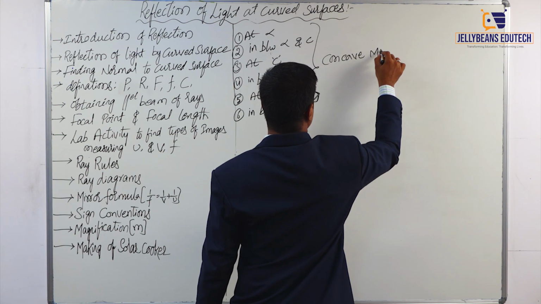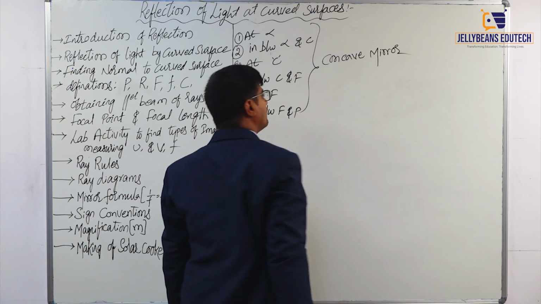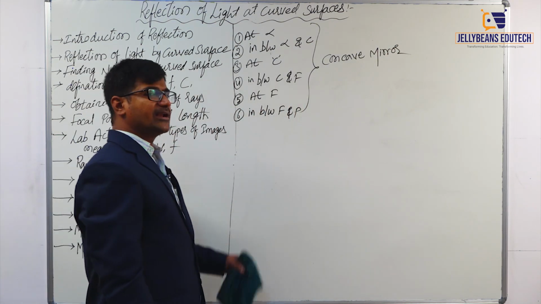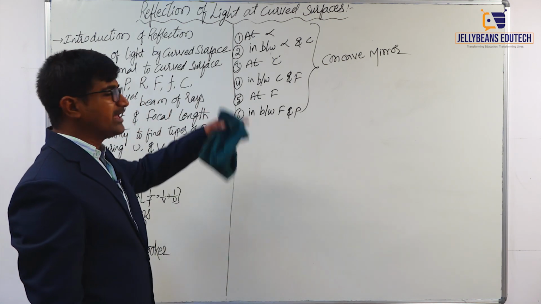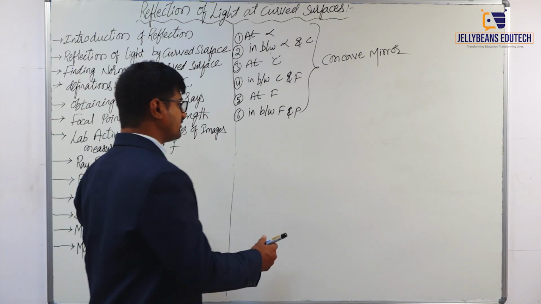Let us see the ray diagrams, how the image varies when we place an object at different positions.